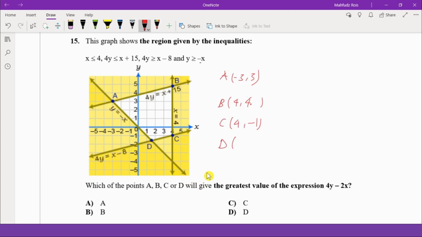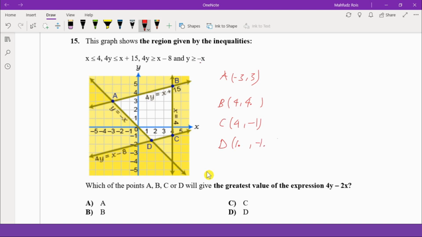Okay, and how to find it? We can check for D here, find the point, but we can assume that it will be 1 point something, comma minus 1 point something.